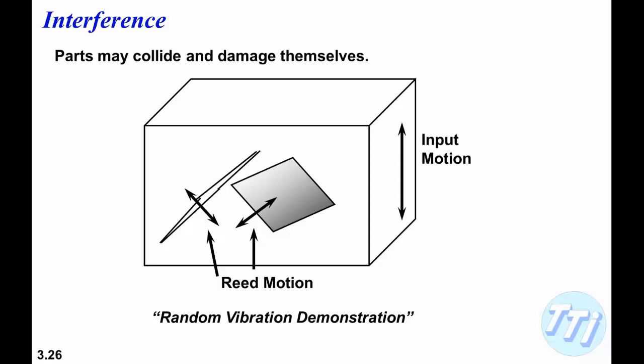One of them is it really matters what excitation function we use. If we were doing sinusoidal testing, sine sweep testing, this would not have produced a failure of the interference type, but if we test with random, then it very definitely did produce failures.